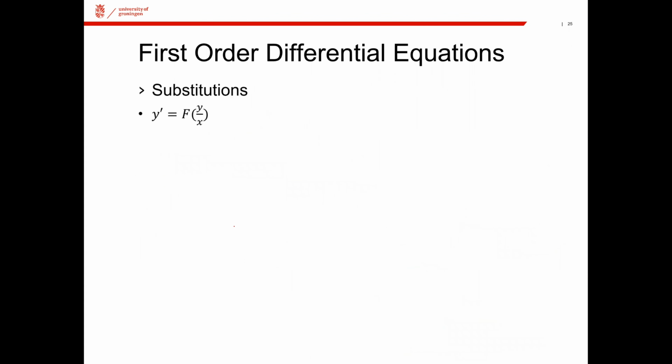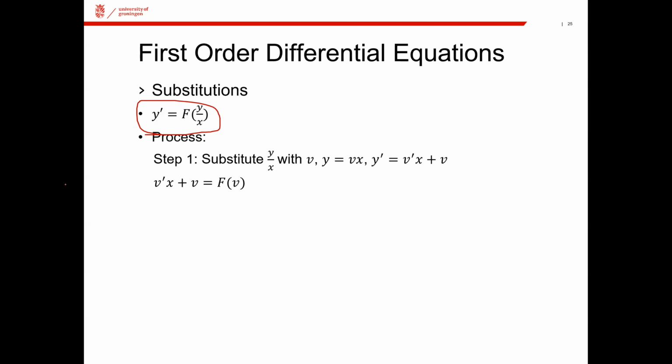And the last type is to use the method of substitutions. So if an equation looks like this form, y prime equals a function of y divided by x, then we can apply this method.